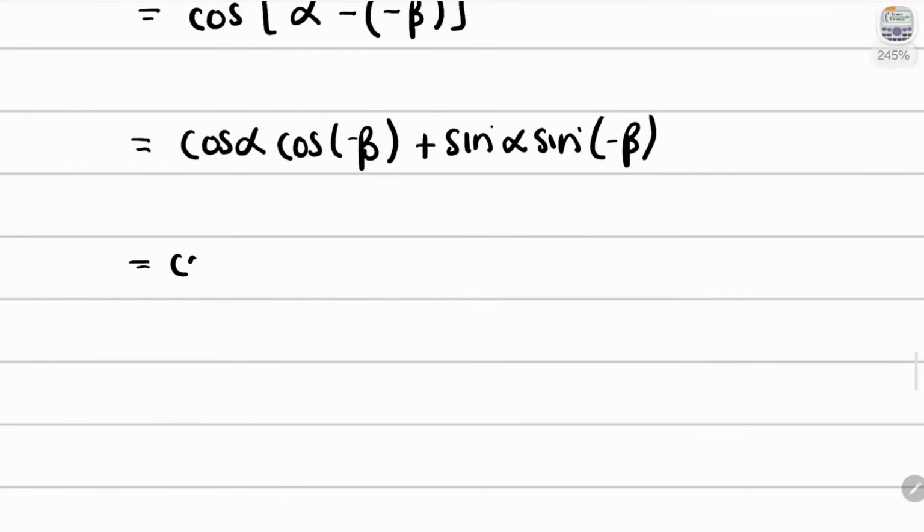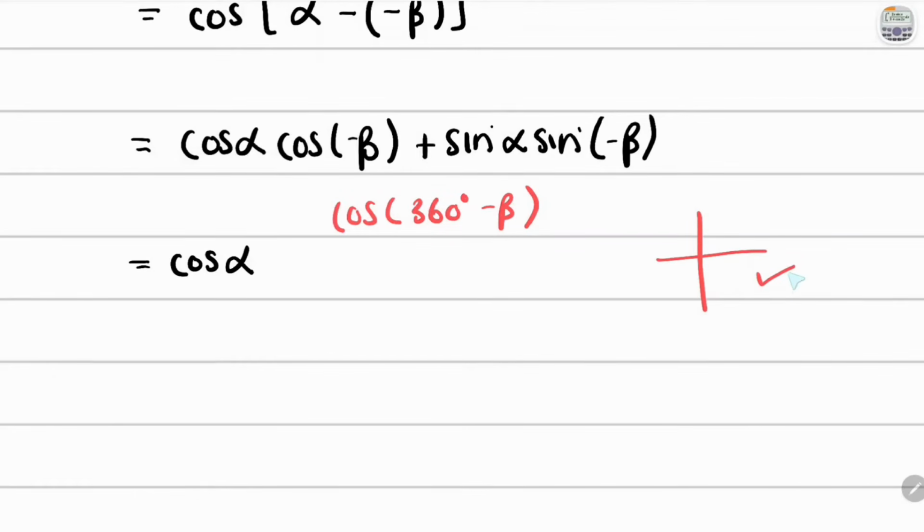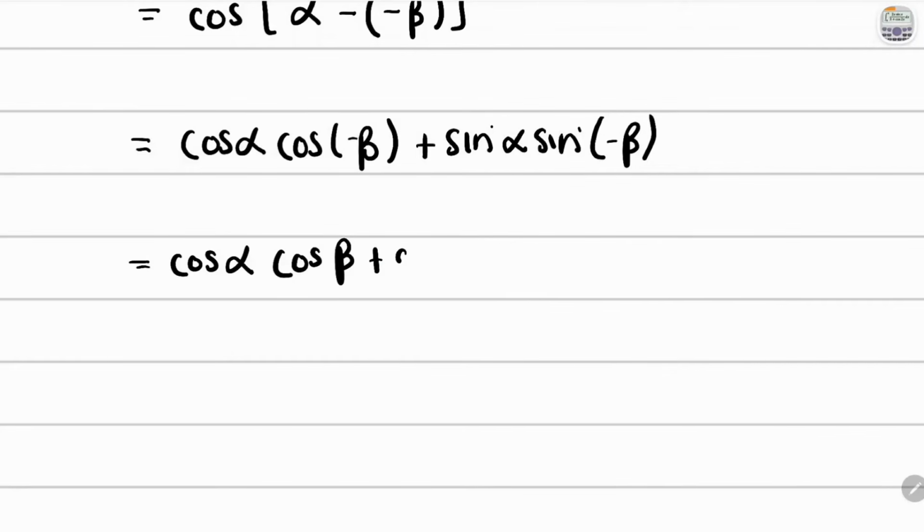So this is equal to cos alpha, and cos negative beta, when the angle is negative, you simply add 360 degrees. If you add 360 degrees to this angle, it becomes cos 360 degrees minus beta. Notice that 360 degrees minus beta is in cos's quadrant. So cos is positive in this quadrant, and this simplifies to positive cos beta. Then this is positive sine alpha, and it multiplies to sine negative beta. So again, we'll add 360 degrees, and that becomes sine 360 degrees minus beta.